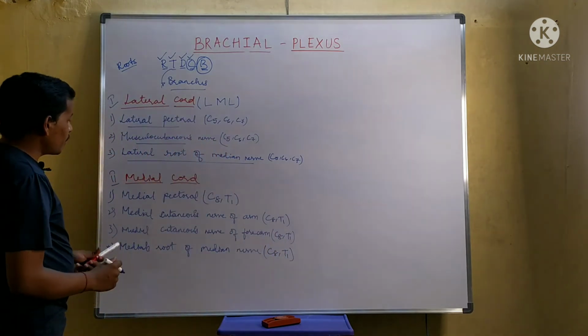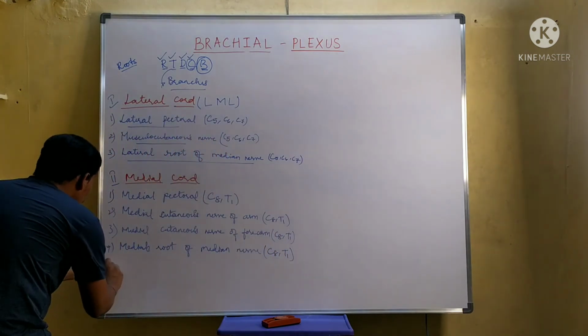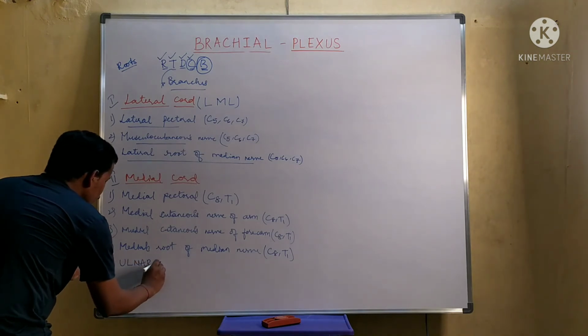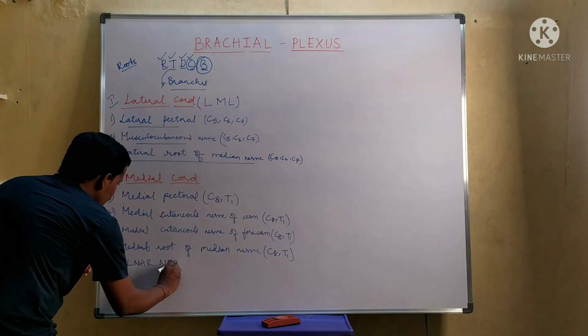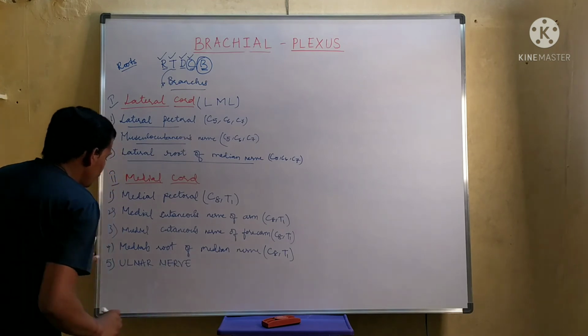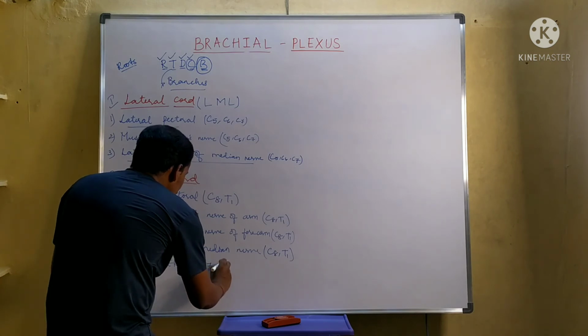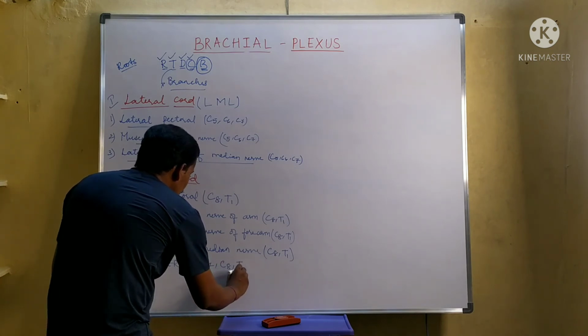And the last and final branch of the medial cord is the ulnar nerve, which is one of the important peripheral nerves. Ulnar nerve root value is C7, C8, T1.